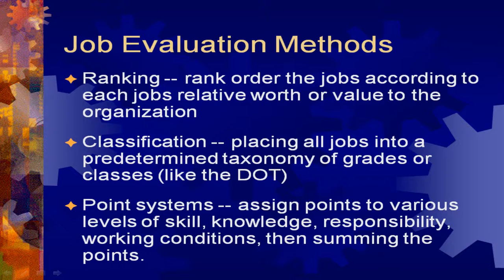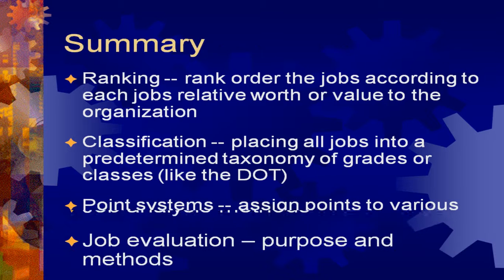Placing all jobs into a predetermined taxonomy of grades or classes like the DOT. The point systems. Assign points to various levels of skill, knowledge, responsibility, working conditions, and then summing the points.